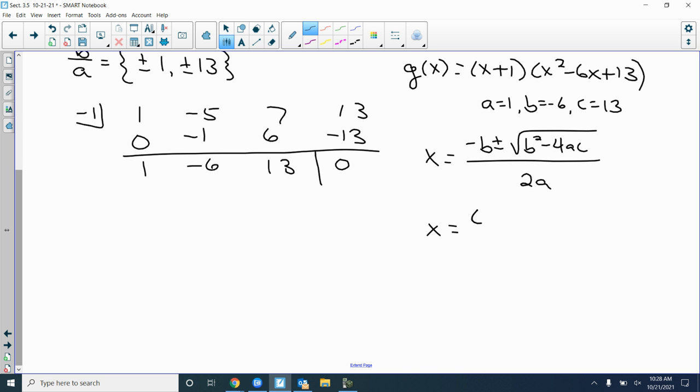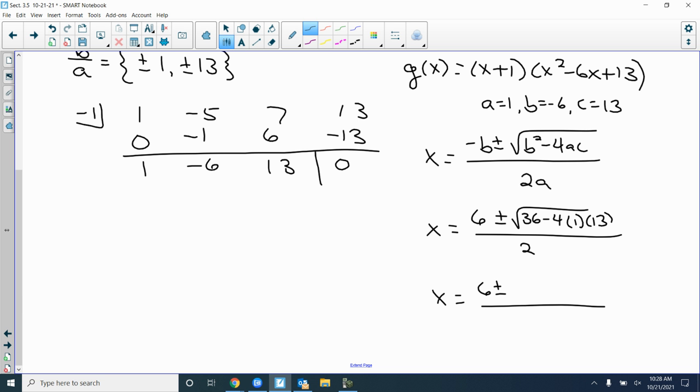So 6 is my opposite of B. Negative 6 squared is 36 minus 4 times 1 times 13 all over 2 times 1. What do I end up with under the radical? Negative 16. Negative 16 divided by 2. All right, what's the square root of negative 16? 4i.